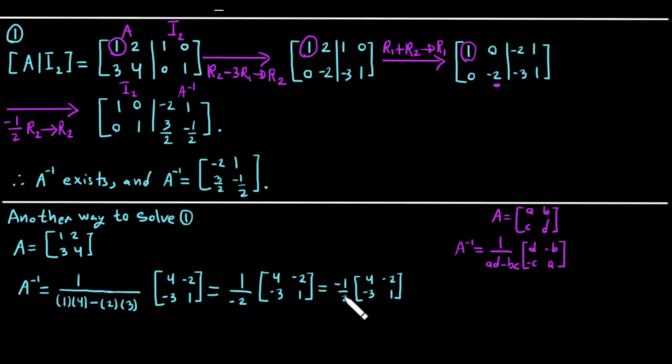Then you can insert these negative half in each element. You can distribute it. It will be like this. Negative half multiplied by 4, negative half multiplied by -2, negative half multiplied by -3, negative half multiplied by 1.